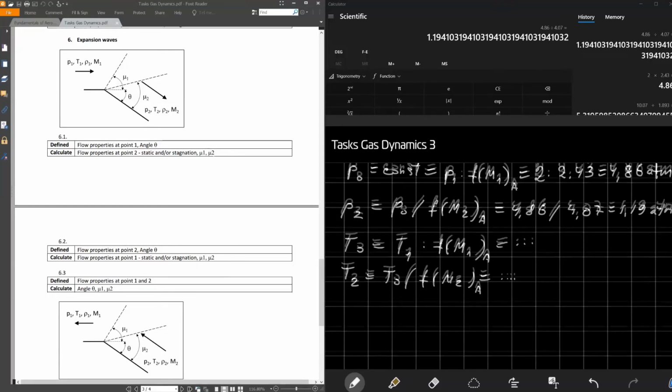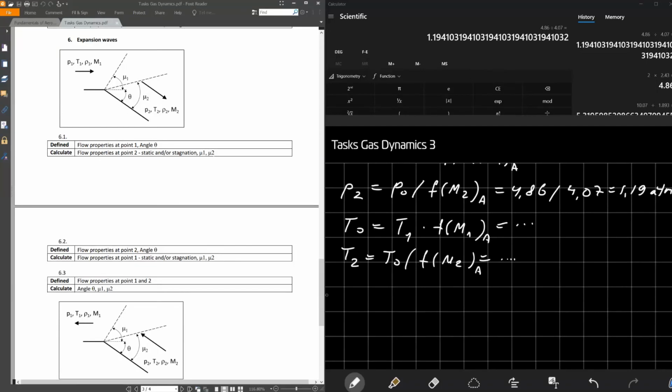Okay, let's go to task 6.2. Task 6.2 is the reverse. You have flow properties at point 2, and you also have the angle of the body, and you need to calculate the properties at point 1, mu1, and mu2. It's absolutely the same thing, but you need to just use the Prandtl-Meyer equation in the other direction.